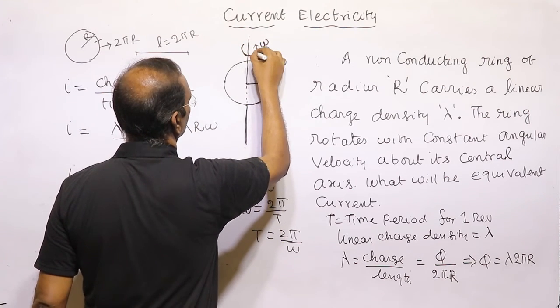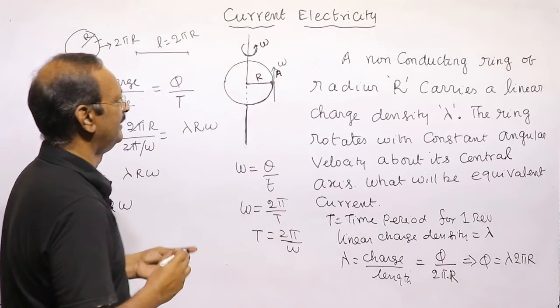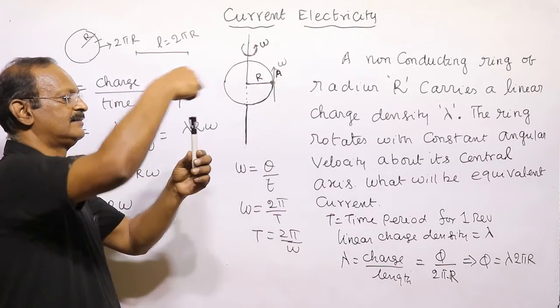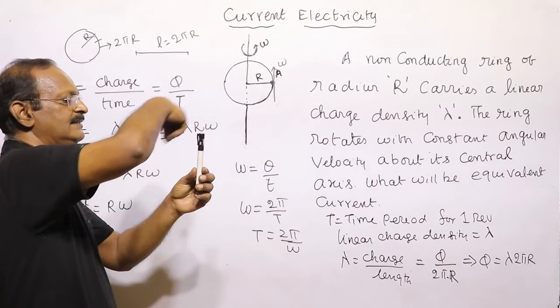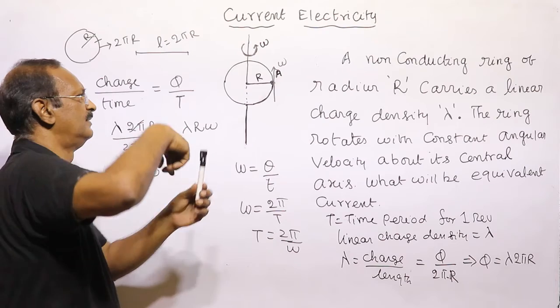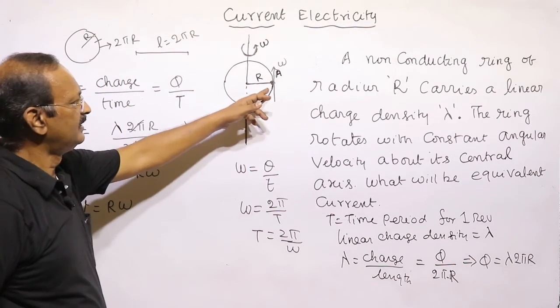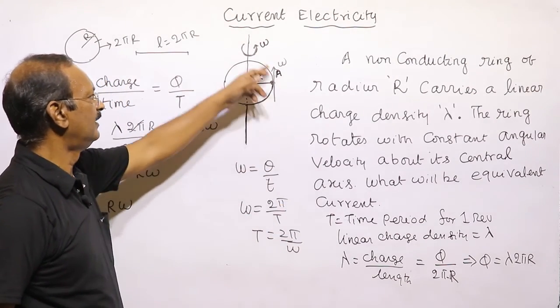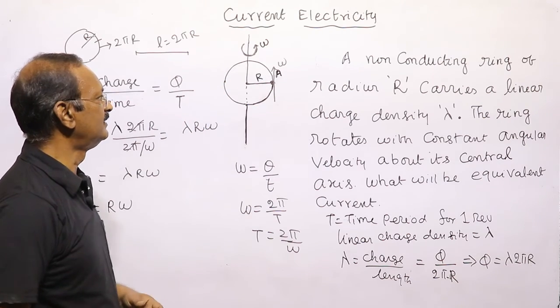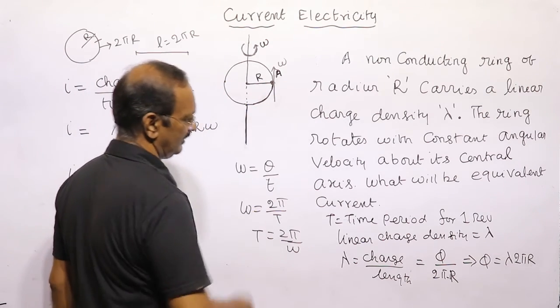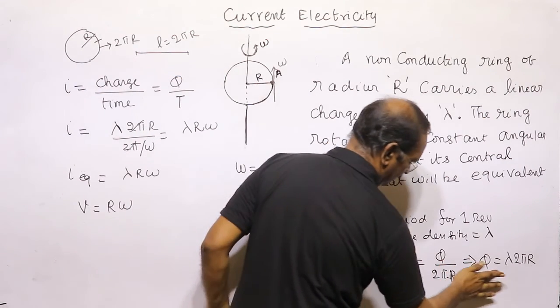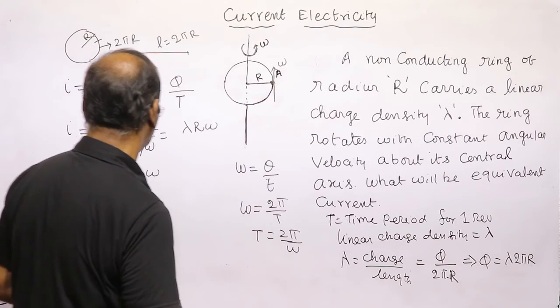This is the angular velocity about the axis of rotation. The ring will be rotating like this for one revolution, from point A to A. That much time is the time period, and the charge passing per revolution is lambda into 2 pi r.